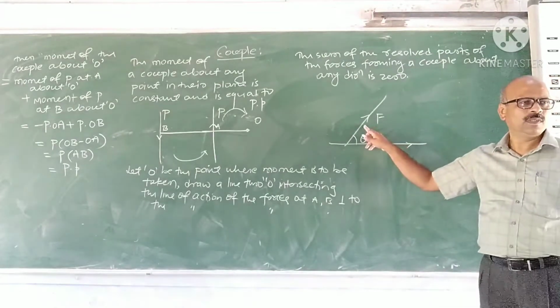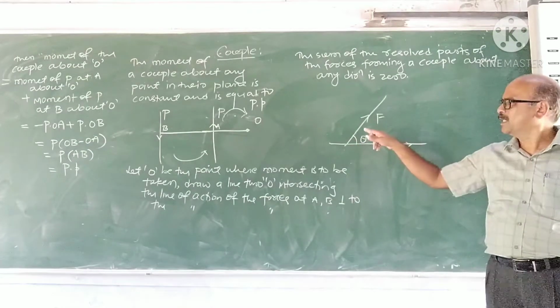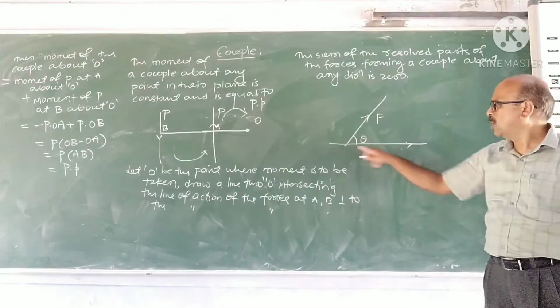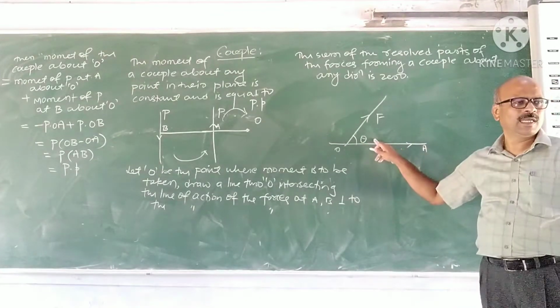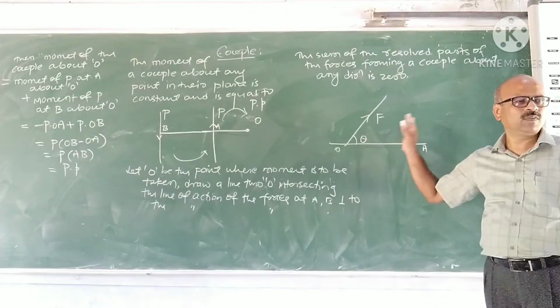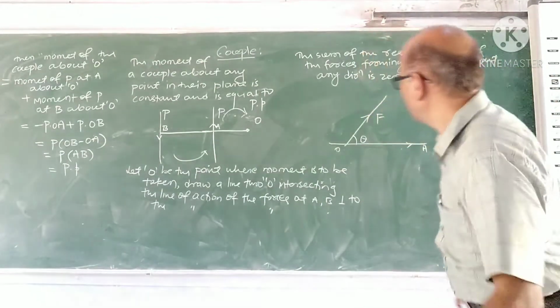Along OA, the resolved part is F cos theta, and perpendicular to OA it is F sin theta. F cos theta and F sin theta are the resolved parts of F.